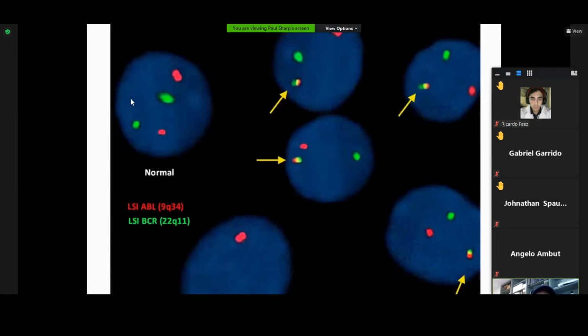So this shows a normal cell, where this right over here shows translocation, where the red and the green are right up next to each other, along with this, and this right over here, and this. And there you go. We'll learn more about this particular example when we do medical biotechnology.